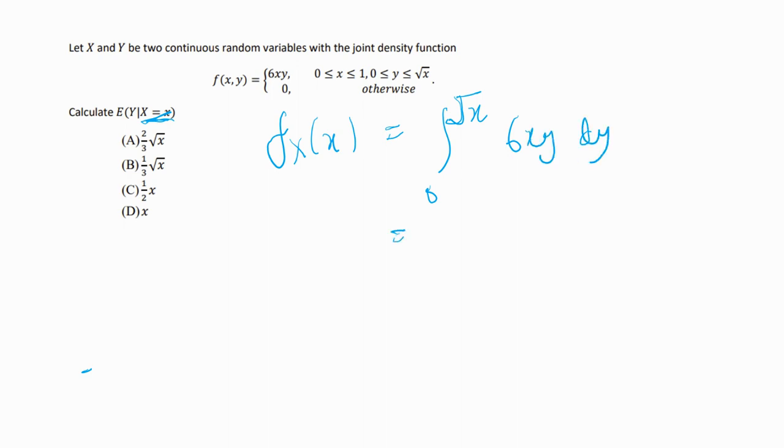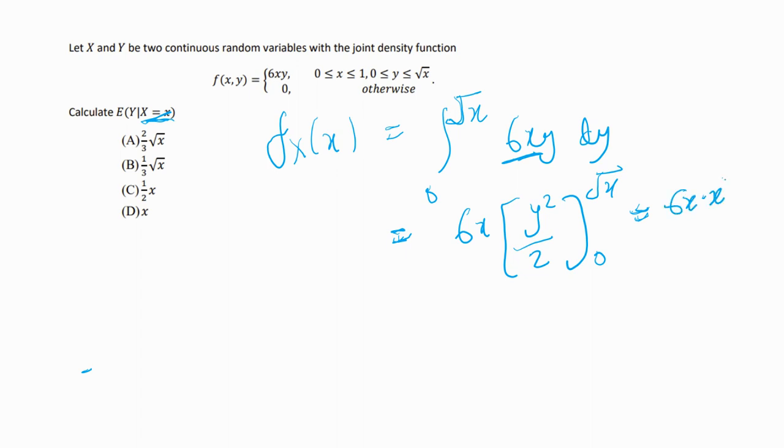Here 6x is constant, and the integral of y is y square upon 2, from 0 to root x. At 0 it is 0, and at root x it will be basically x. So 6x square upon 2 will be 3x square.